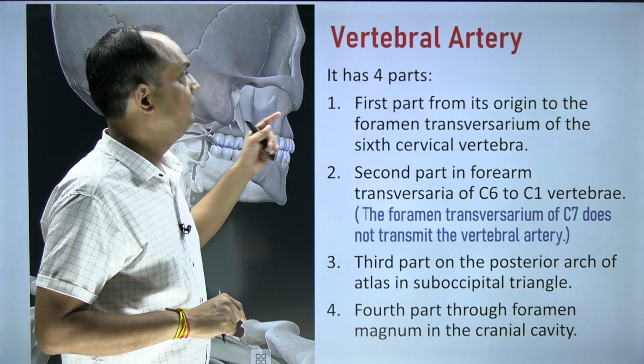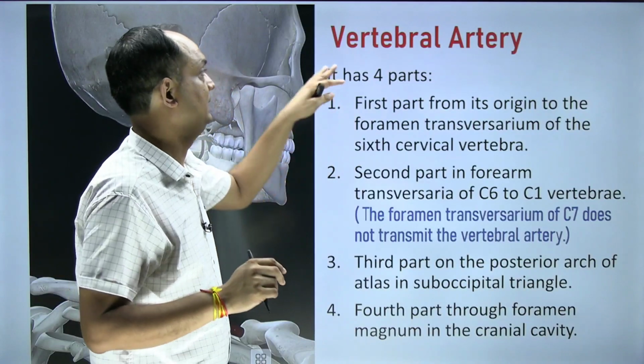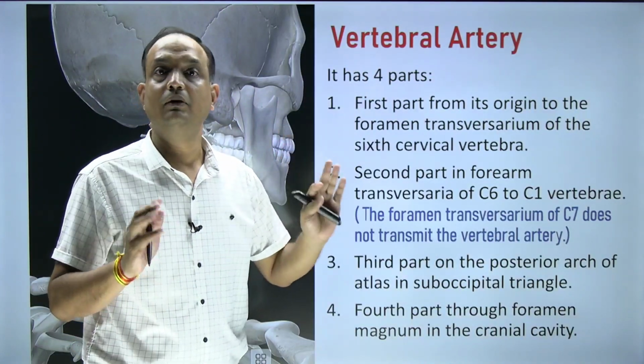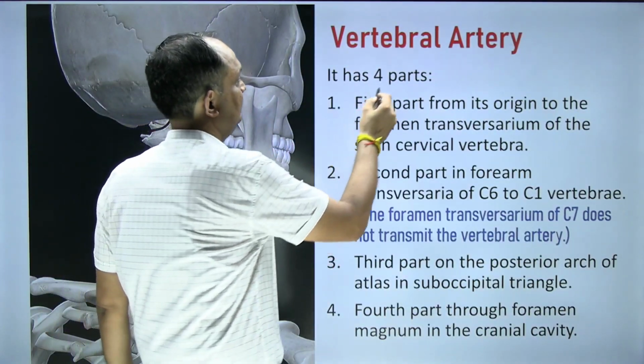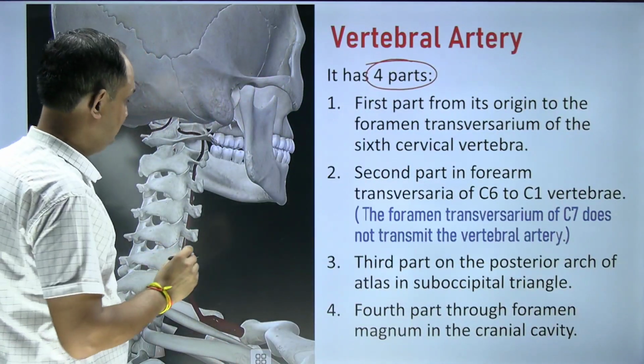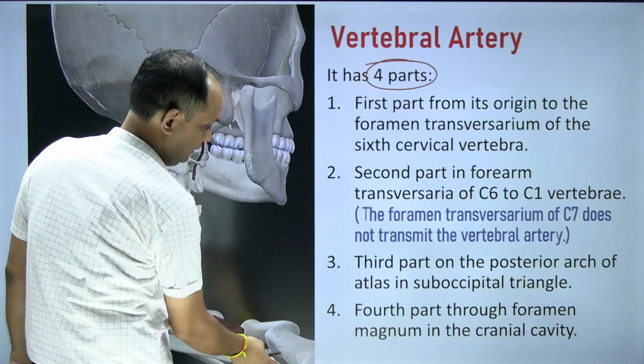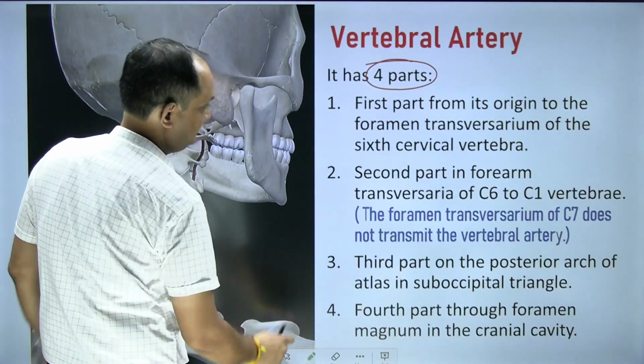Now, when you talk about the longitudinal channels, as I already told you, they are branches of the vertebral artery. Now we have this knowledge that the vertebral artery has been divided into four parts for study purposes. How has it been divided?